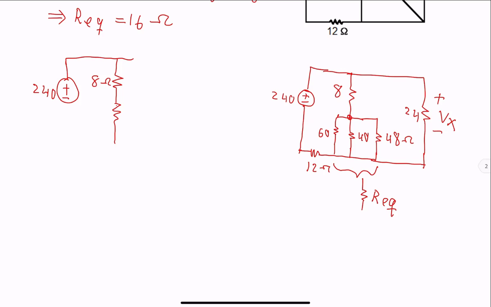Below that we have our equivalent 16 ohm resistor. To the left, 12 ohm resistor and back to the source. On the right hand side, 24 ohm resistor and voltage across that is the voltage of interest.